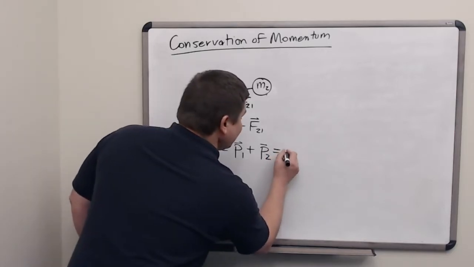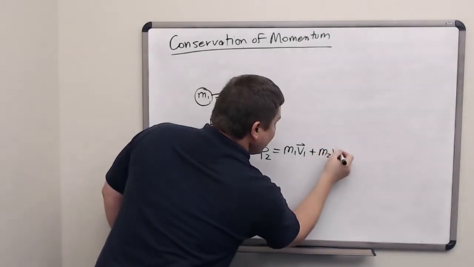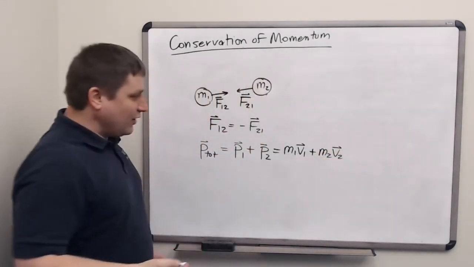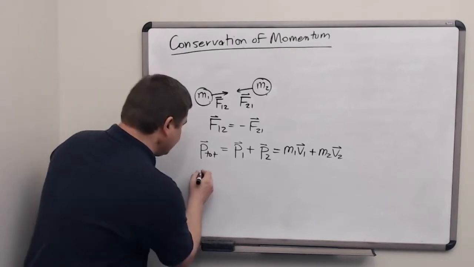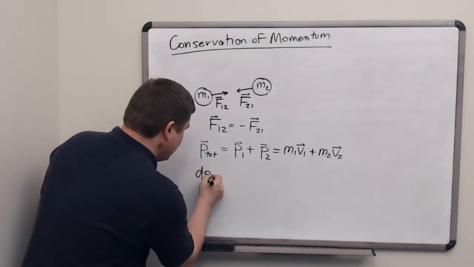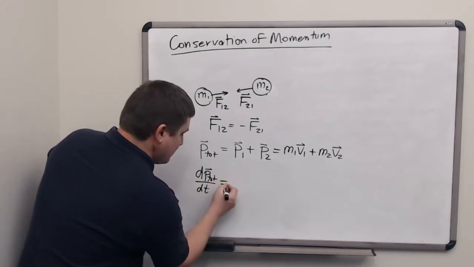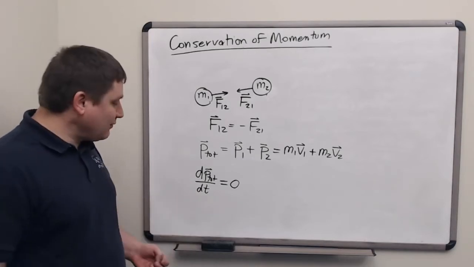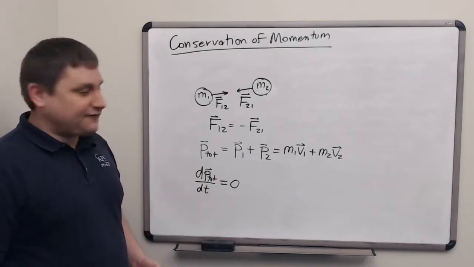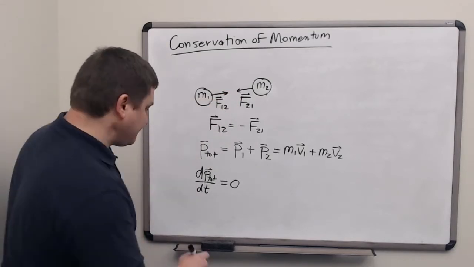So in terms of mass and velocity, this could be expanded as mv1 plus mv2 as a vector addition. What I'm going to show here is that the time rate of change of the total momentum is 0 if there's only an internal force acting. Let's go through that proof.